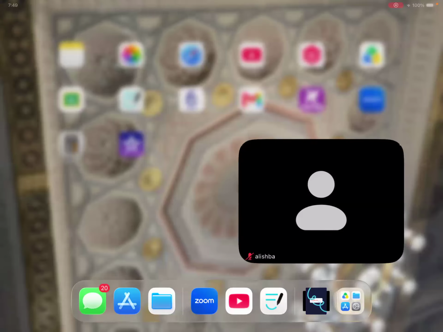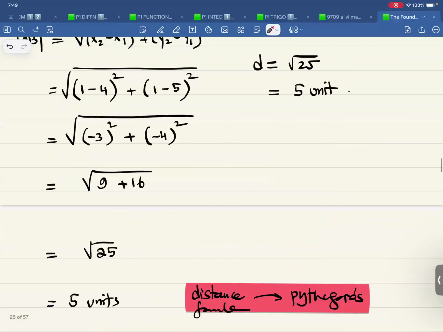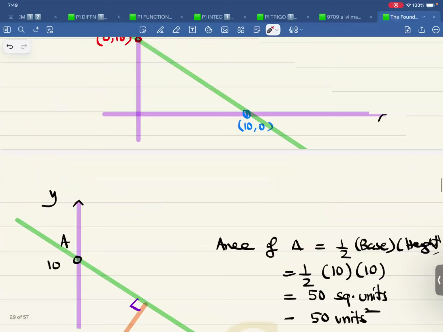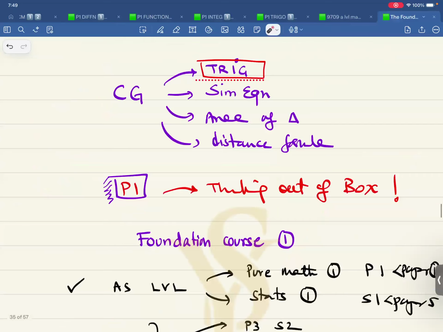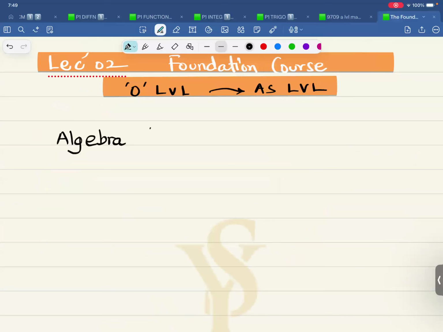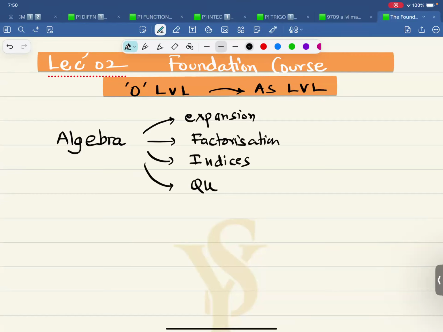So now in today's class, let's talk about a few things. Let's first talk about algebra. In algebra, we can talk about expansion, we can talk about factorization, we can talk about indices, we can talk about quadratic equations, simultaneous equations, and things like that.